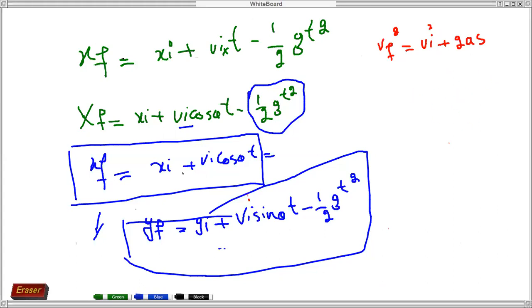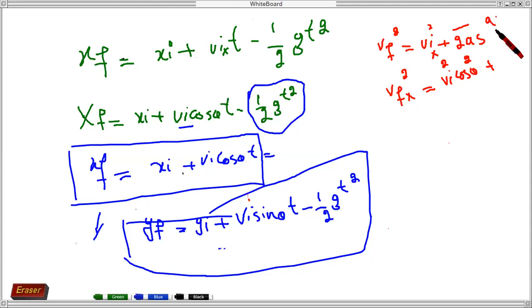Along the x-axis, vfx square is equal to vix square, and vix is equal to vi into cosine theta, so we have vi square cosine square theta plus 2as.